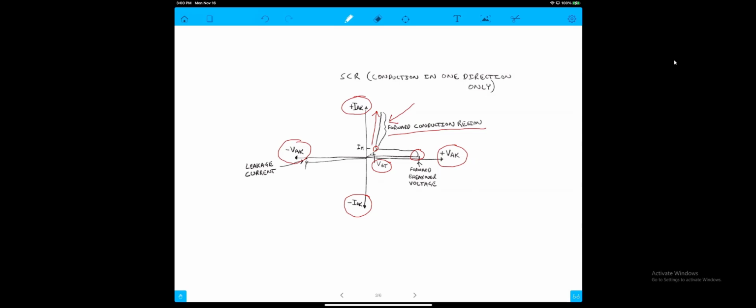Once it starts conducting, you're going to open the switch, basically creating an open circuit on that part. And then you're going to notice that we maintain this forward conduction. In other words, our LED is going to remain lit.